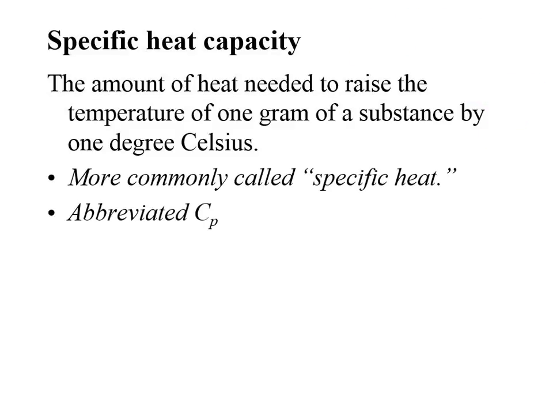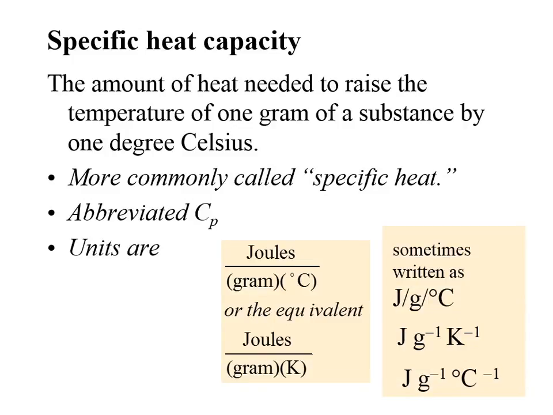So specific heat or specific heat capacity has a symbol, and it's not SH. It's capital C with a little p there. I'm not sure why. Units, and you might get this from the little box that I drew, what specific heat means. Units are energy we zapped it with.